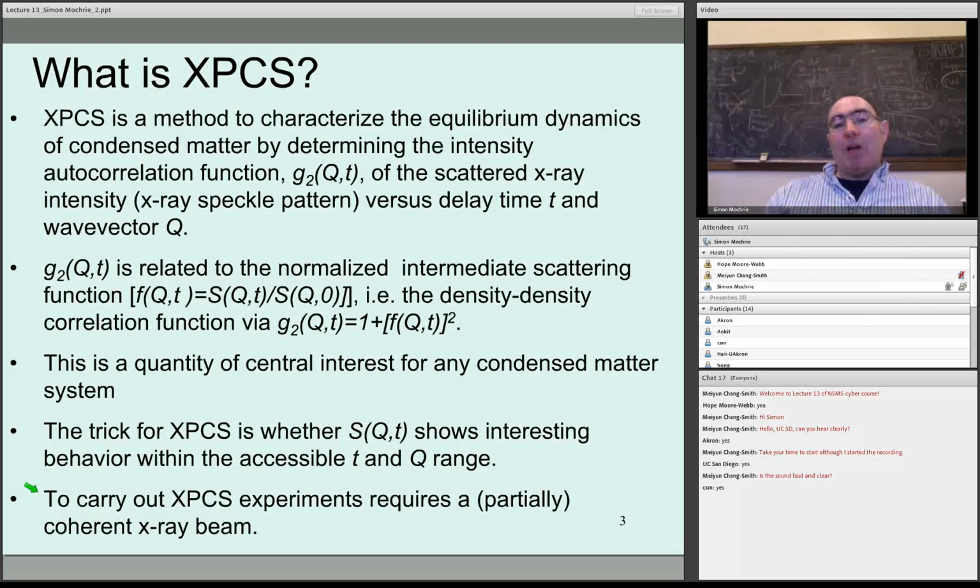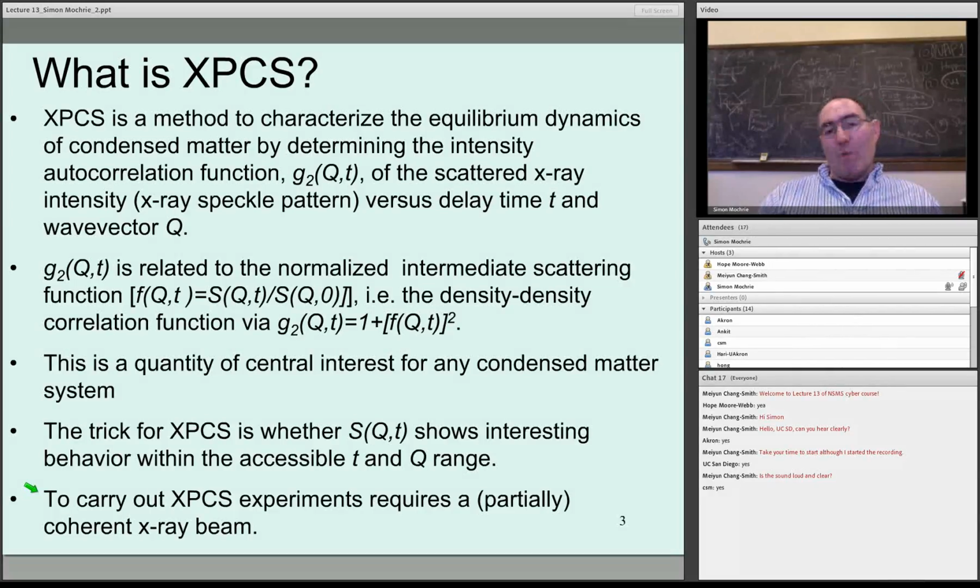And because we're using coherent X-rays, and I'll explain how to realize a coherent X-ray beam a little bit later on, the X-ray beam, when it scatters off a disordered medium, gives rise to an X-ray speckle pattern, and the speckles will come and go as the configuration of the sample changes.